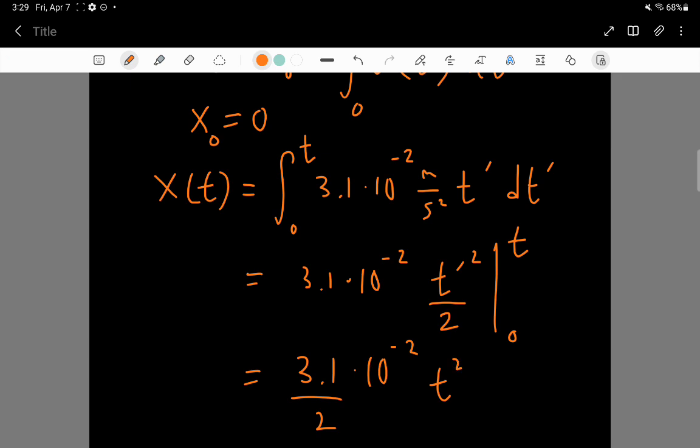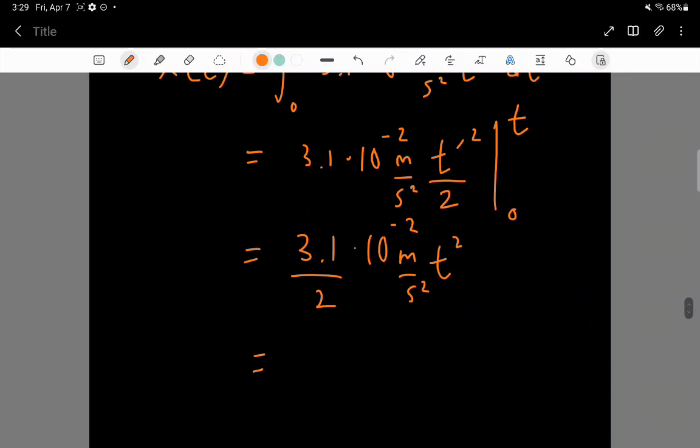And the units, I'm sorry, I forgot the units, meters per second squared. And when all is said and done, 3.1 divided by 2 is about 1.6 with rounding. So 1.6 times 10 to the minus 2 meters per second squared, t squared. And this is x of t.